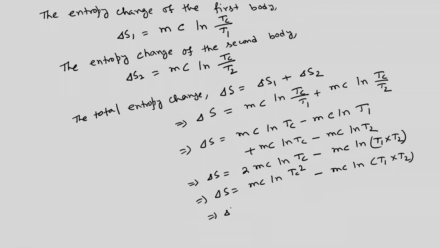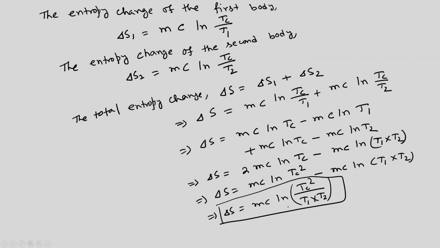So, you get delta S is mC ln (Tc squared by T1 times T2). So, this is the total entropy change for this process, m times C times ln (Tc squared by T1 times T2).